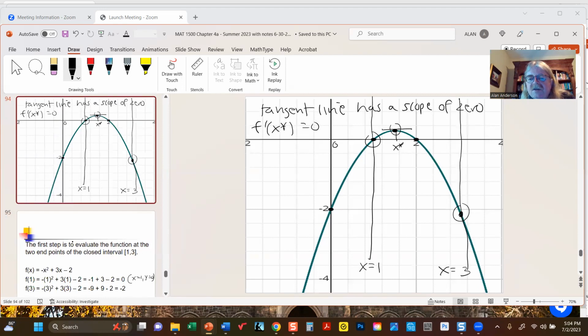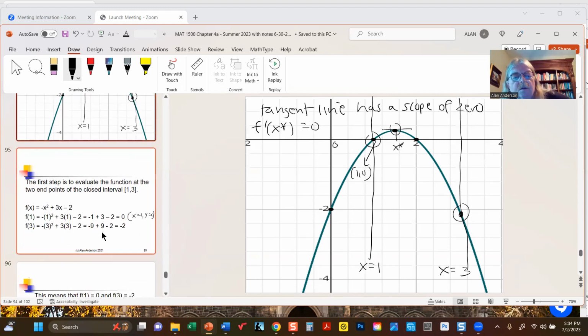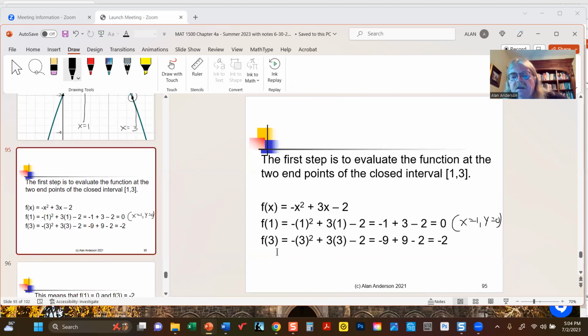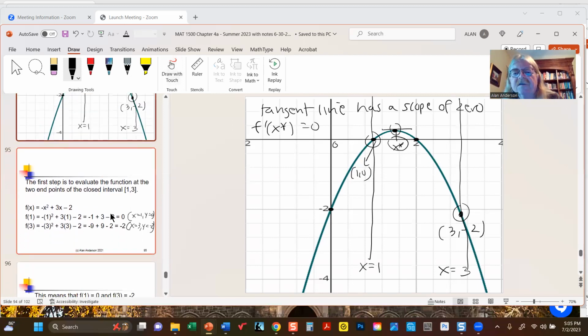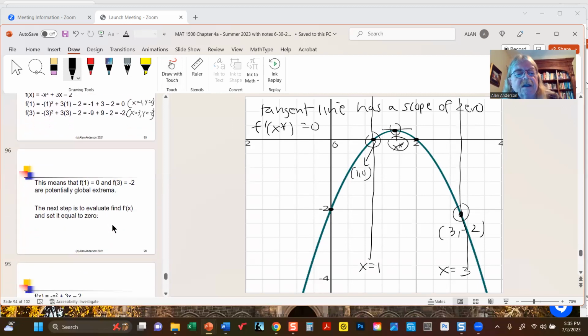This is the point 1 comma 0. And what about the other one? When x is 3, y is negative 2. And so that's what we have here, 3 comma negative 2. So what about this point? That one we can find by taking the first derivative of this function and setting it equal to 0.